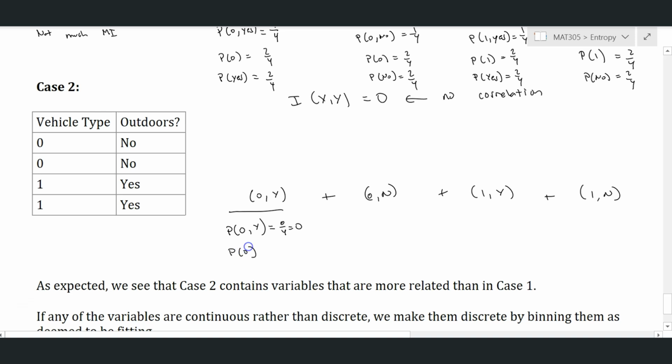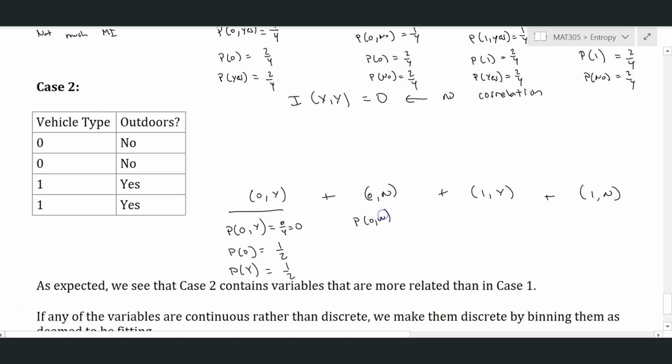The probability that you drive a car is 2 out of 4, or 1/2. Probability that somebody does go outdoors is, again, 1/2. So notice that in this case, 1/2 times 1/2 does not give us 0. So that tells us that these are not independent events.